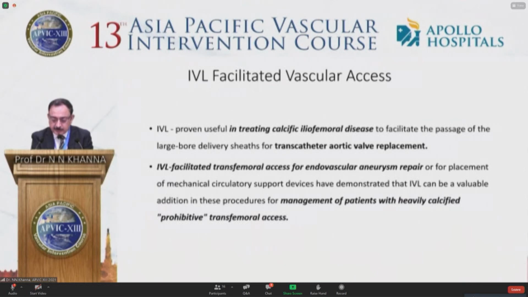So this is one of the star indications where we are using it, but it can also be used in no stent zones, in long lesions, calcified undilatable lesions, and in lesions where we want to do drug-coated balloon therapy and the lesions are not giving way and the vessels are not being prepped properly with conventional balloons.